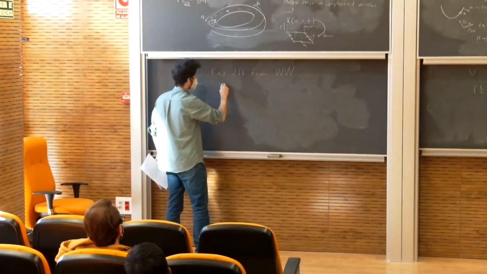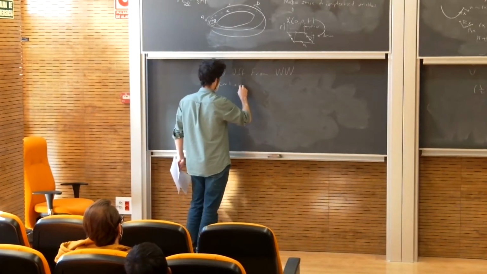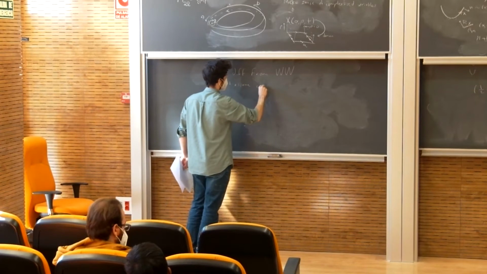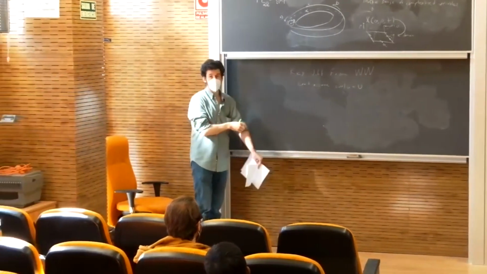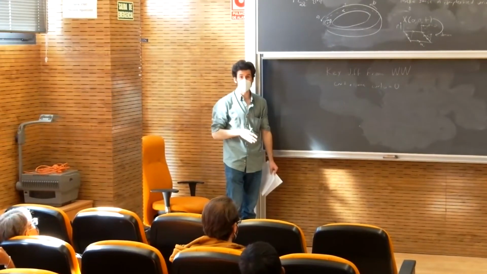So we can't assume the curl is zero. The reason for that is that the vorticity equation is more complicated in this picture.